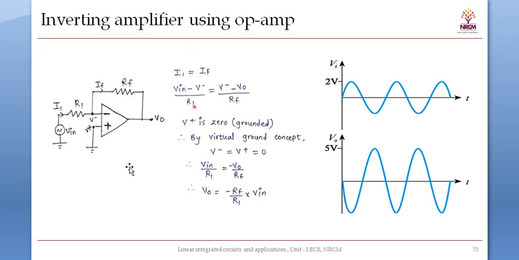So here, whenever negative feedback is given to the op-amp, it will try to achieve VID equal to 0. Since this terminal is at ground potential, the feedback is provided in such a fashion that VID equal to 0 is maintained.